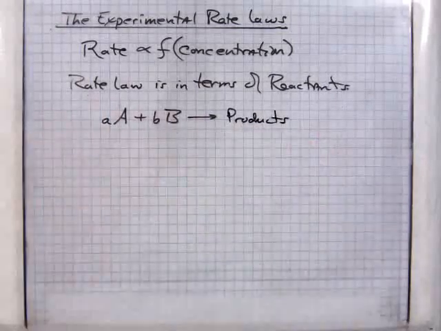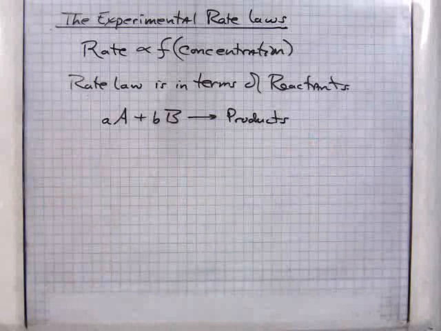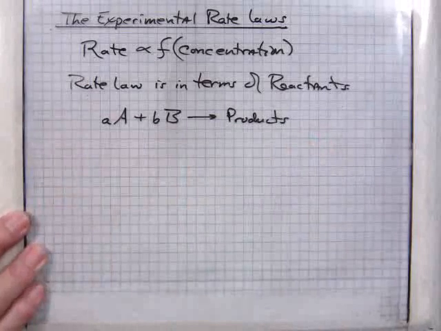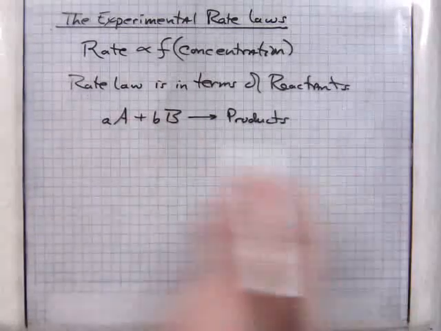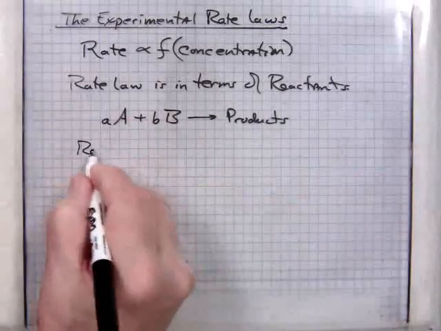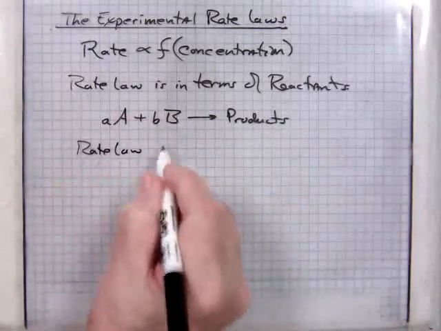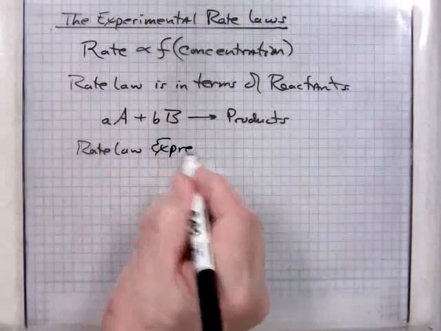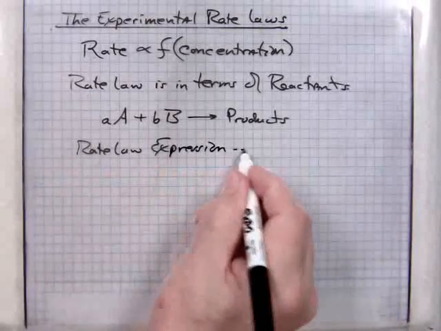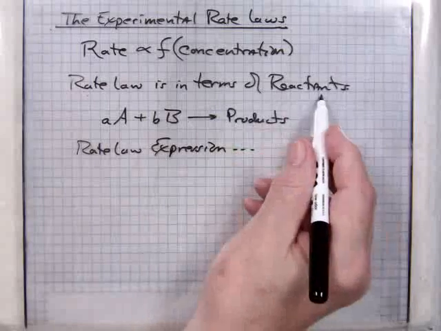So this would be an empirical type of relationship. To write the rate law expression, again, only in terms of the reactants.